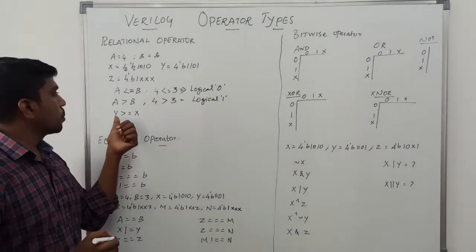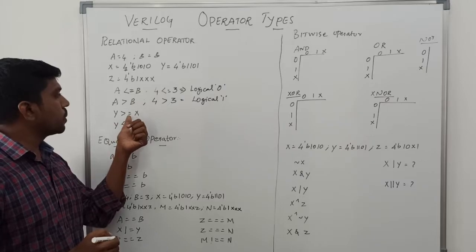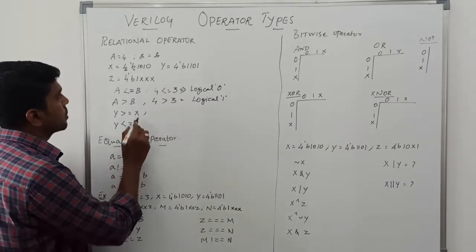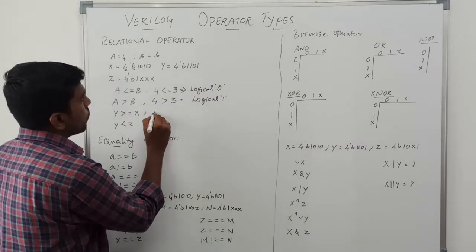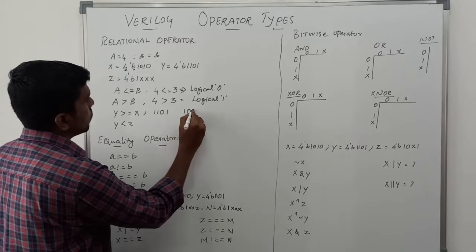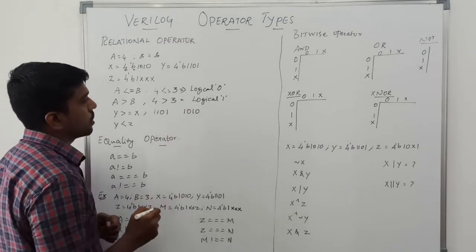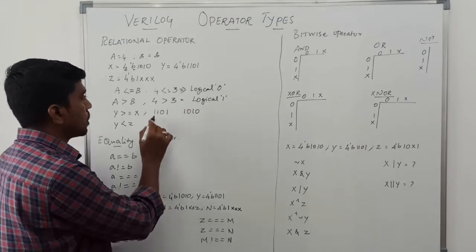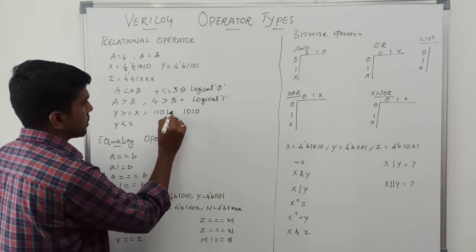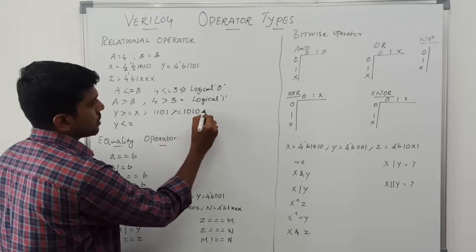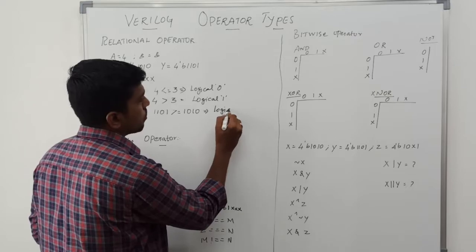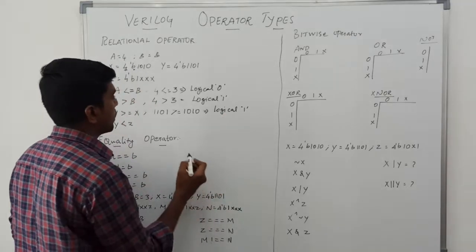The next case, Y greater than or equal to X. Y is 1101, X value is 1010, which represents 10. So 1101 is greater than or equal to X, this condition is true, and it produces logical 1.